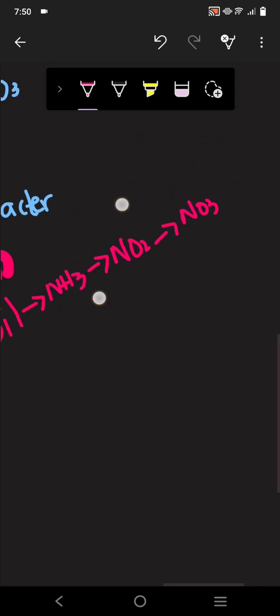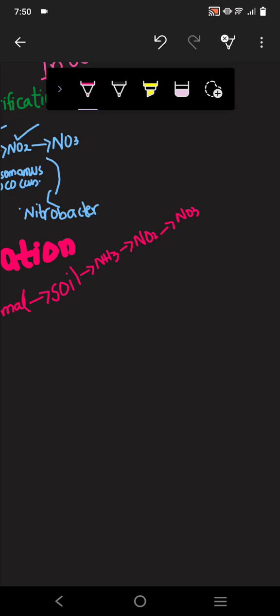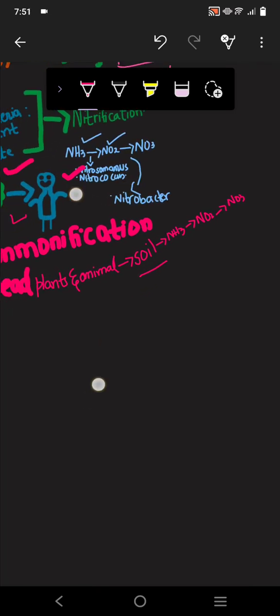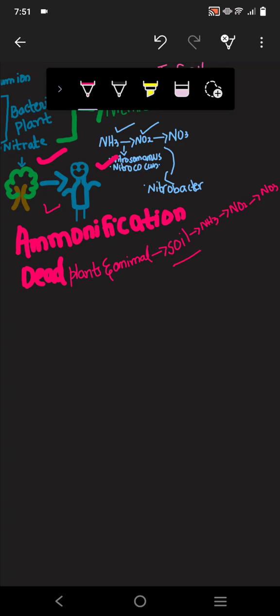So this is how the process occurs. Again and again nitrate is being formed, NO2 is being formed, and again it is provided by the soil to other animals, because dead plants and animals contain a large amount of organic compounds and nitrogen.